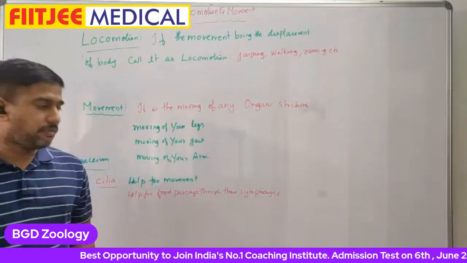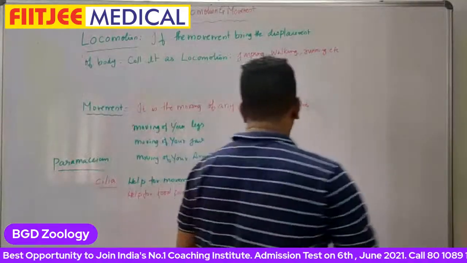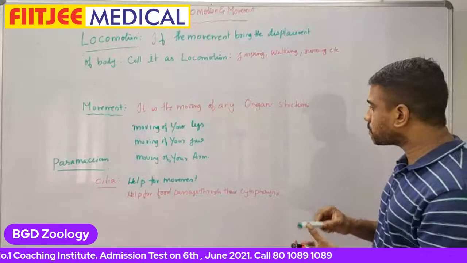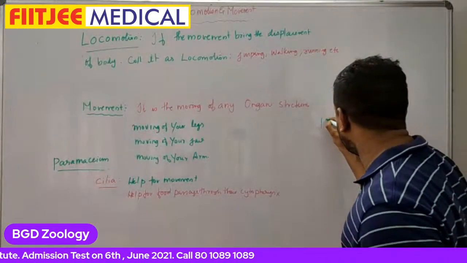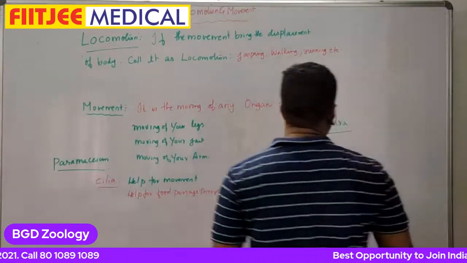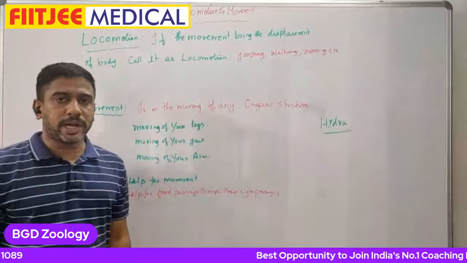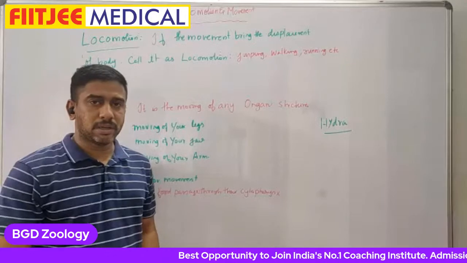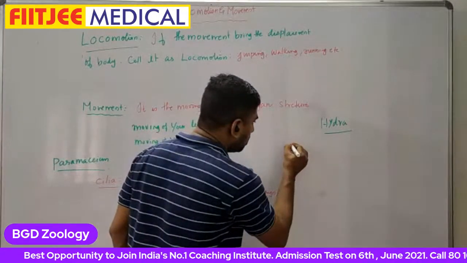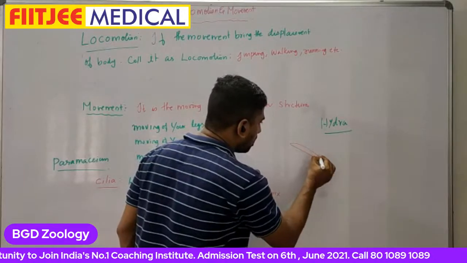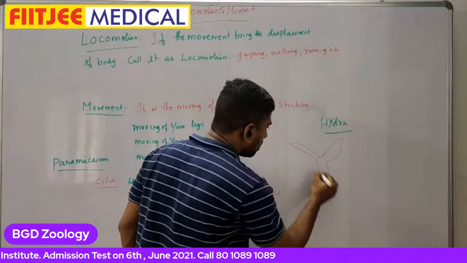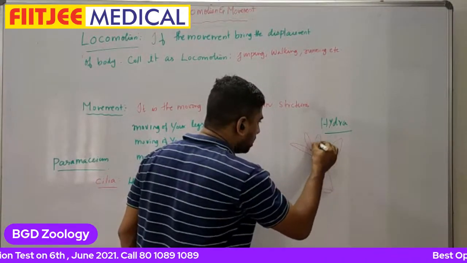Similar to that, we can see one more example here. Take the example of the hydra. You know that it's a cnidarian. Cnidarians generally have tentacles in their body.